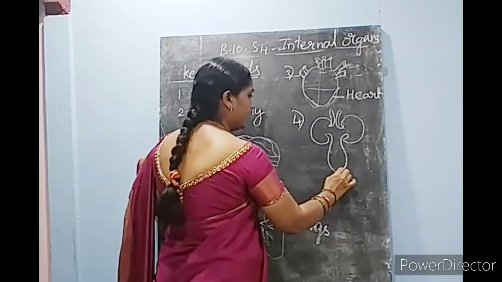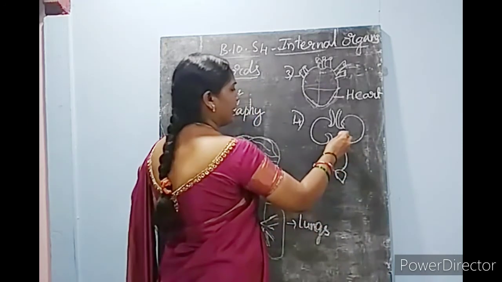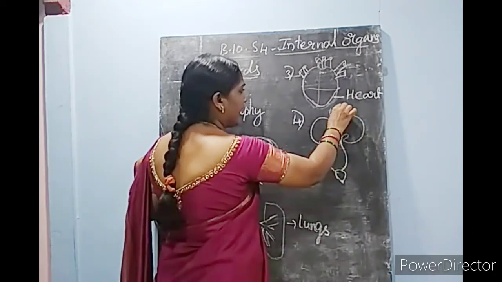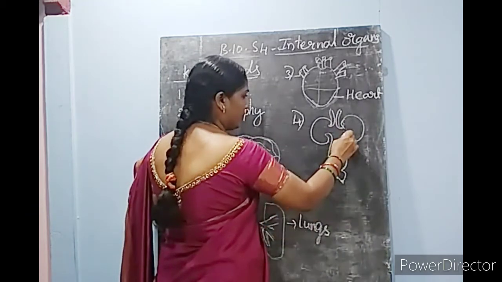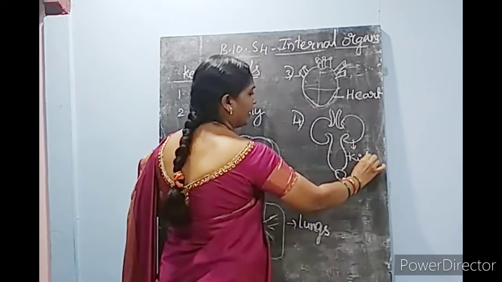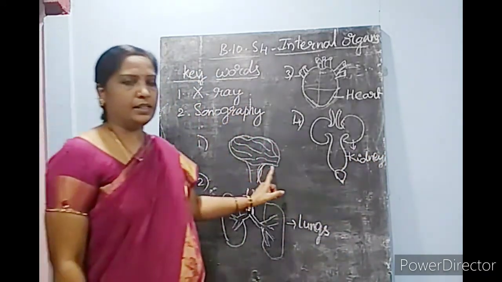Why? Because there are two kidneys in the body. That's why we are saying them as internal organs. Plural word I used. So they are kidneys. So these are the different internal organs.